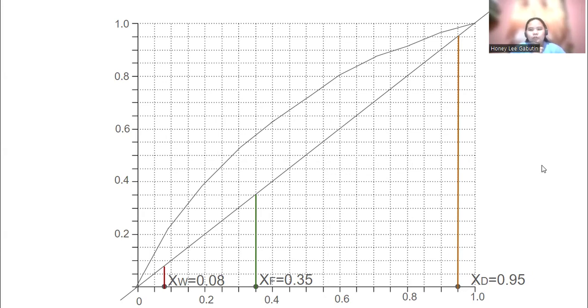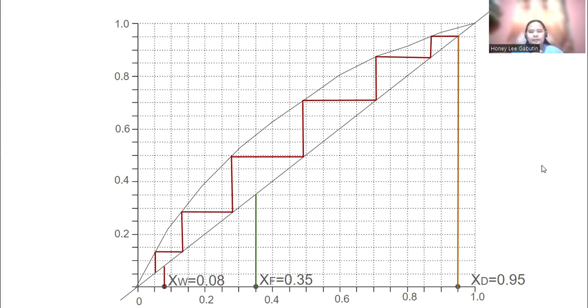First, we need to create a horizontal line up to the point in the equilibrium curve. Then we create a vertical line down to the slanting line, or what we call the bottom of the equilibrium curve. And then we create a horizontal line up to the point of the equilibrium curve, and so on and so forth.